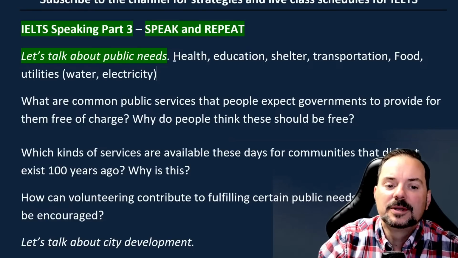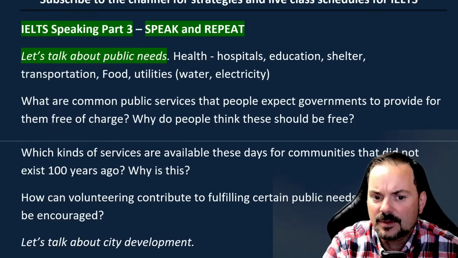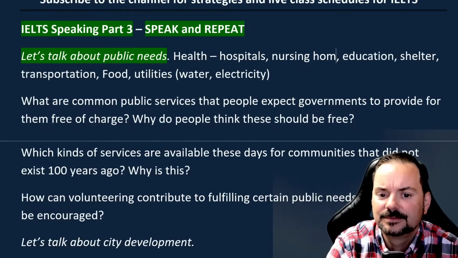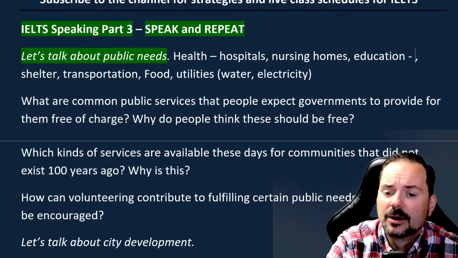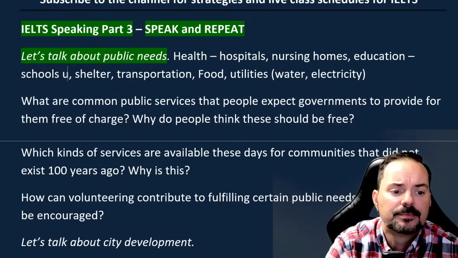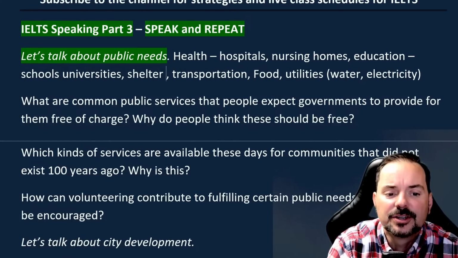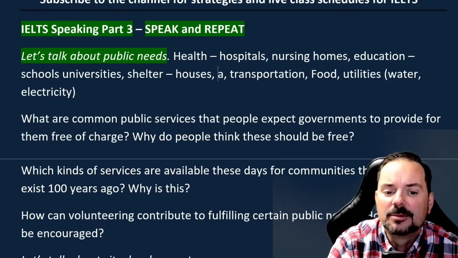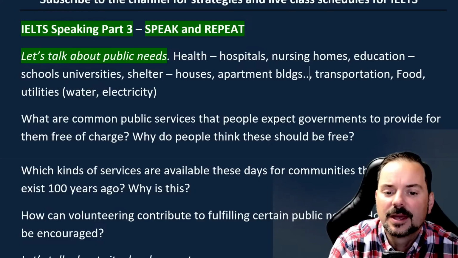Okay, so hopefully when you think of health, you think of hospitals, maybe nursing homes. When you think of education, hopefully you think about schools, universities. Okay, when you think about shelter, you think of houses, apartment buildings. Okay.